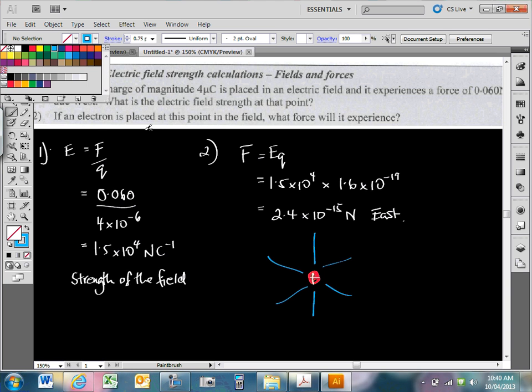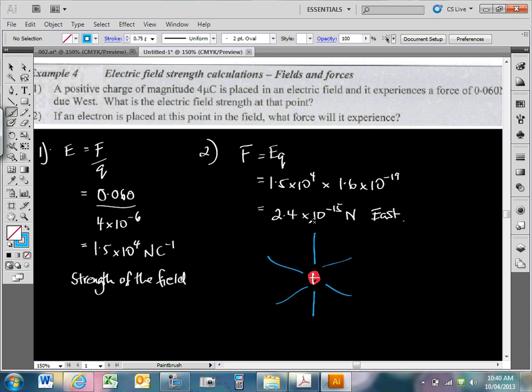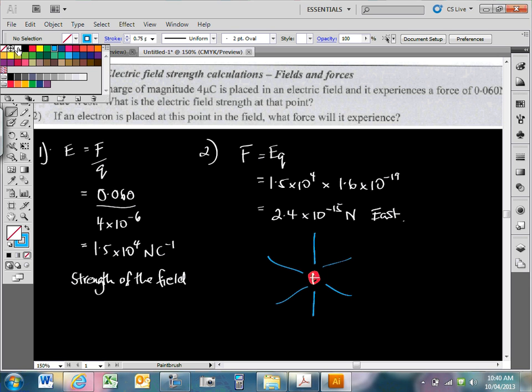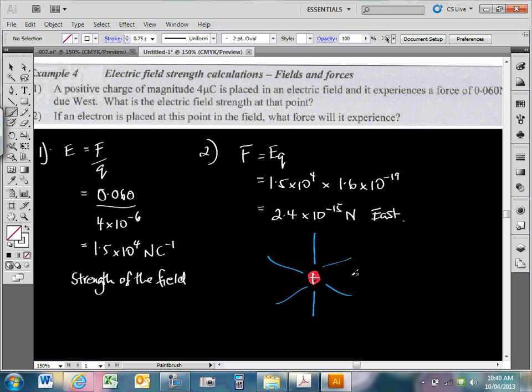So the small positive test charge firstly looks like this. It experiences a force due west. Okay. So it's experiencing a force in this direction.